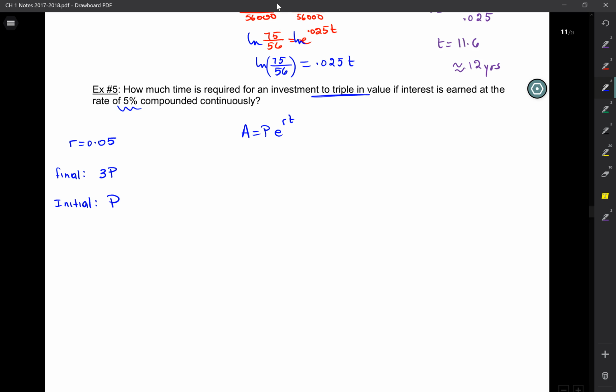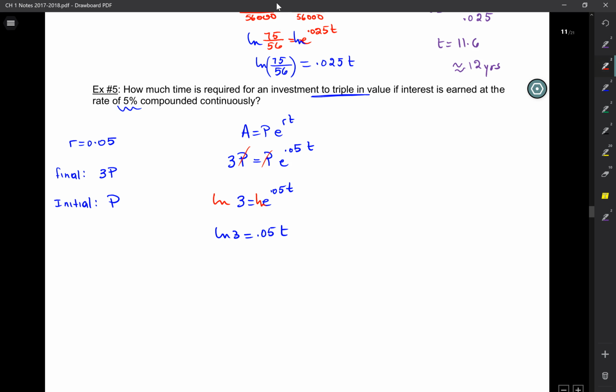So for my final amount, which is A, I'm going to write 3P equal to P e to the 0.05 t. And beautifully, the P's go away. So I have 3 equals e to the 0.05 t. Take an ln of both sides. So ln of 3 equals 0.05 t.